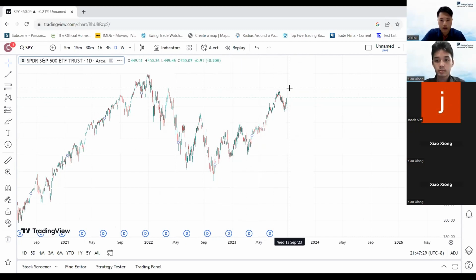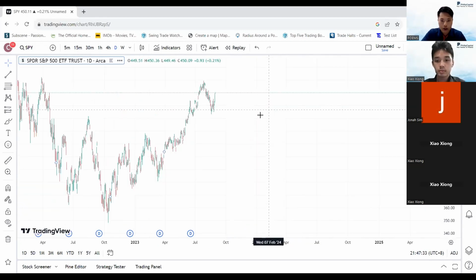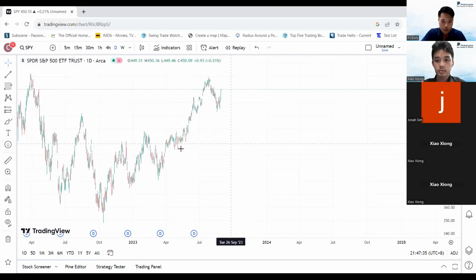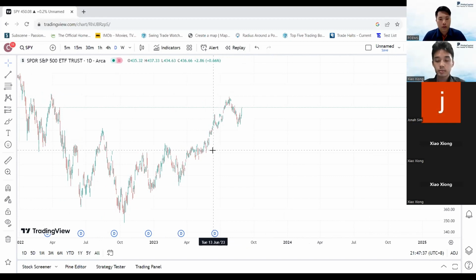We realize that generally the market is on a bullish trend, but surprisingly, despite some information to give you: the Fed has been constantly increasing interest rate, and the interest rate is currently standing at 5.5%.